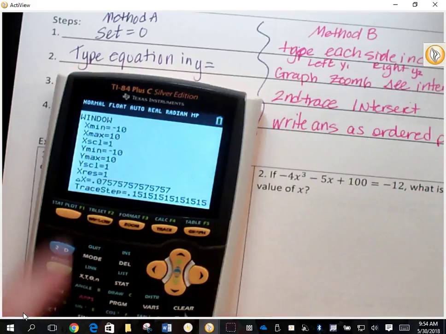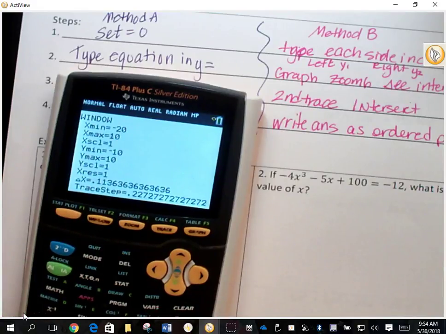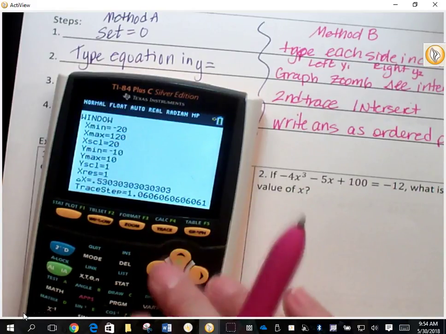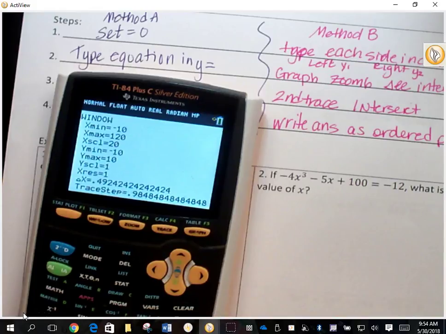So what I might do is maybe go negative 20 to 120, and I might count by 20s. Oops, that's on my x. I'm going to keep my x's the same. But I might go negative 20 on y to 120 and count by 20s to avoid that fat axis.